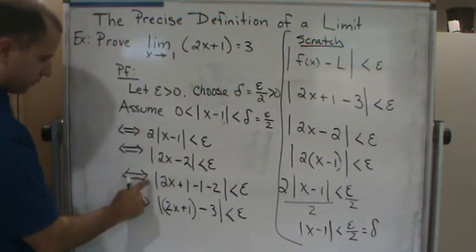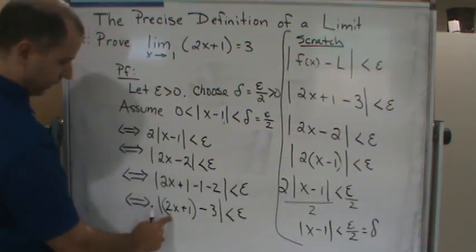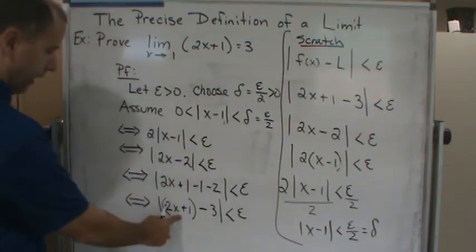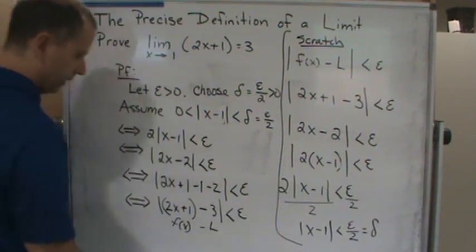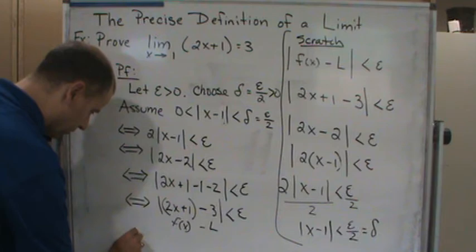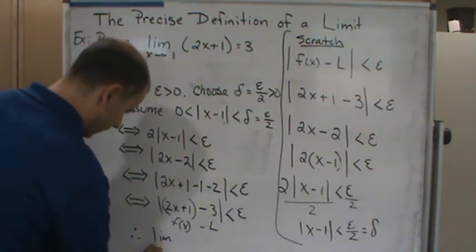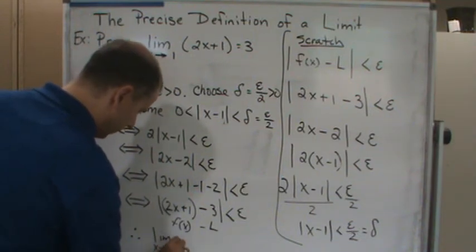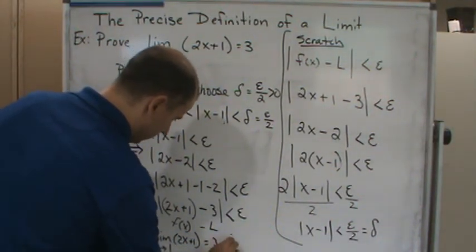It all comes back to the fact that the absolute value of f of x minus L is less than epsilon, and therefore, so I'm at my conclusion, therefore, the limit as x approaches 1 of 2x plus 1 equals 3. And I'm done.